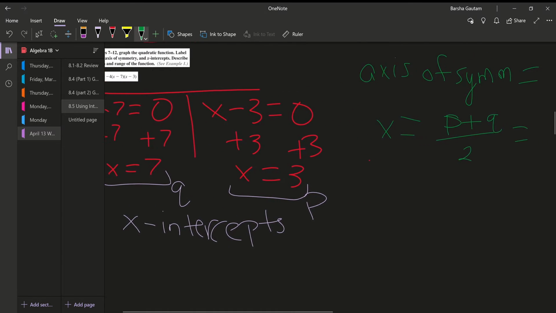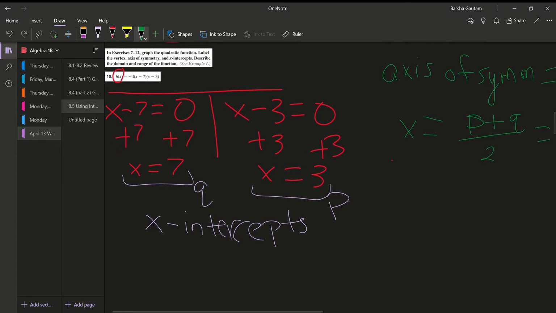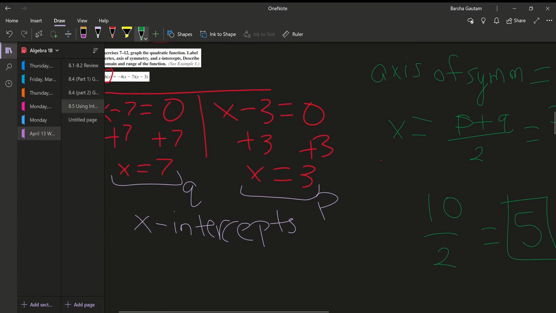Our p is 3. Our q is 7, divided by 2, which leaves us with 10 over 2. 10 divided by 2 is 5. So our axis of symmetry is going to be 5.